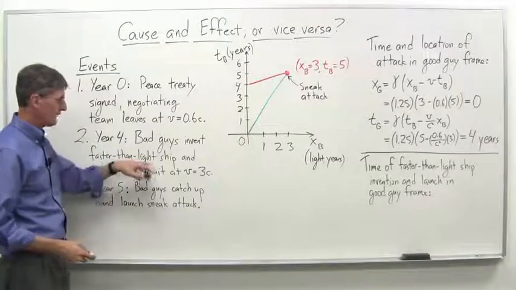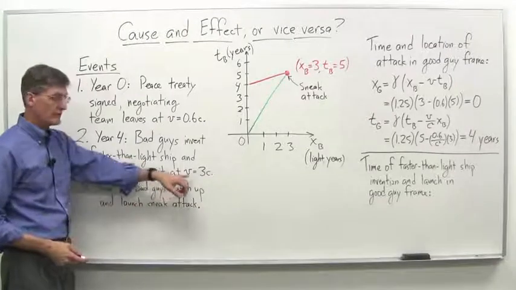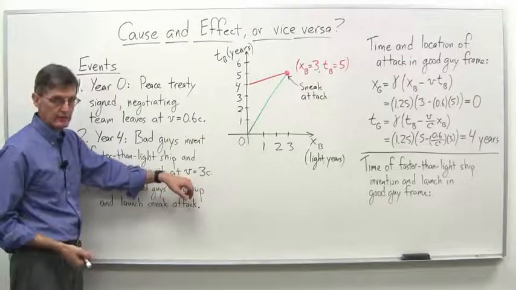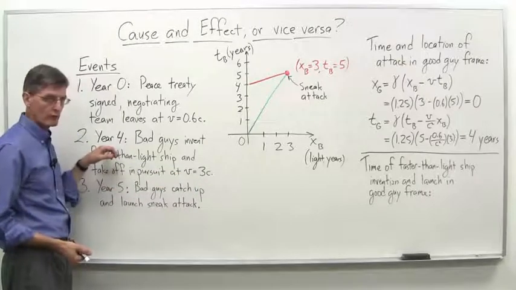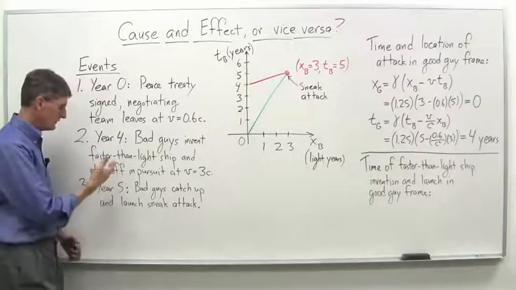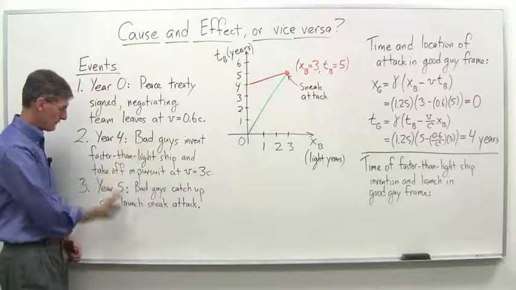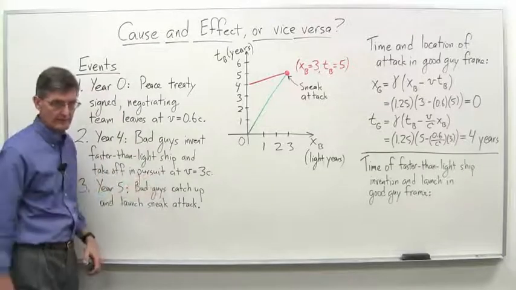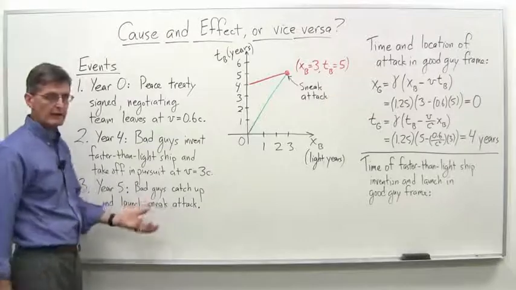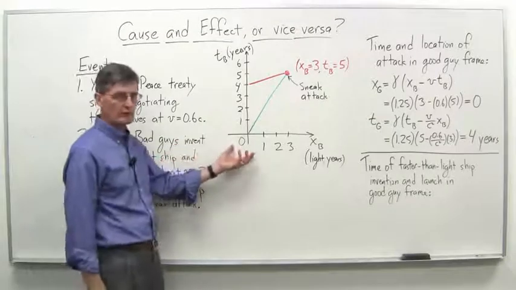And so they use their faster-than-light ship and take off at a velocity of 3 times the speed of light. And that happens in year 4. And then in year 5, they're able to catch up to the good guys, and they launch a sneak attack against them. So diagrammatically, on a space-time diagram, this is what it looks like.